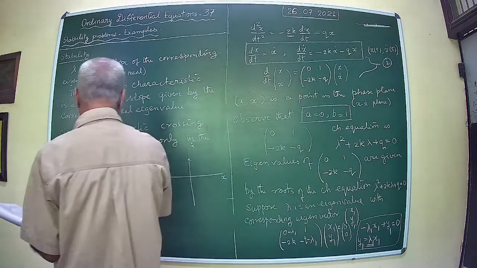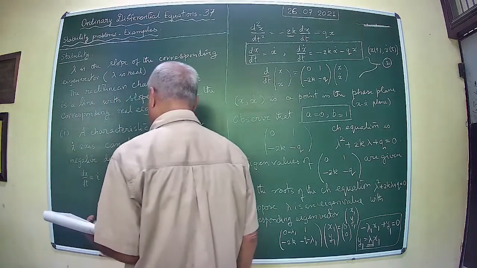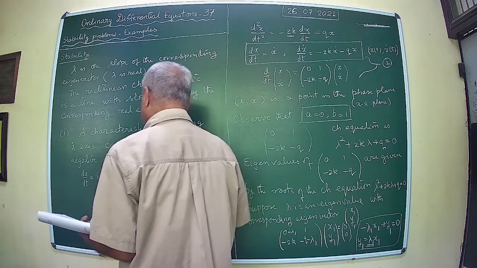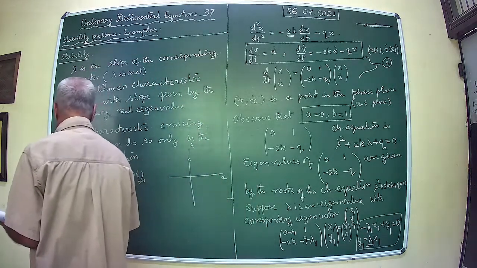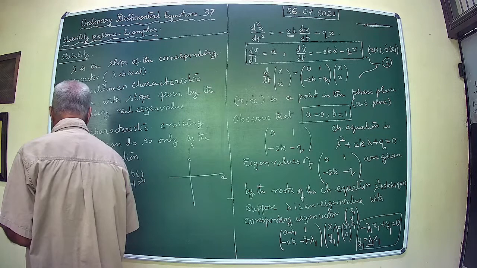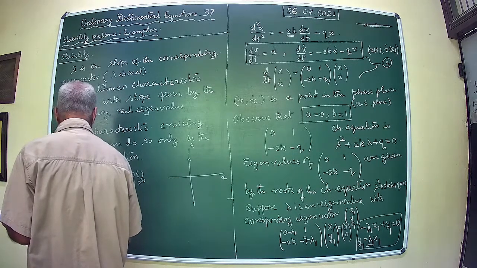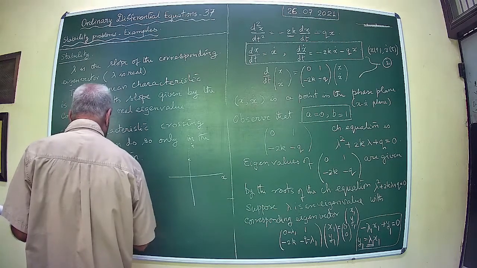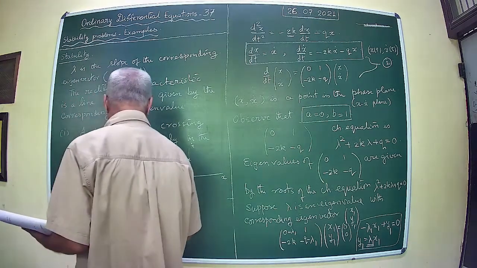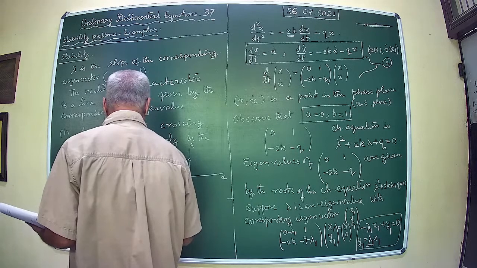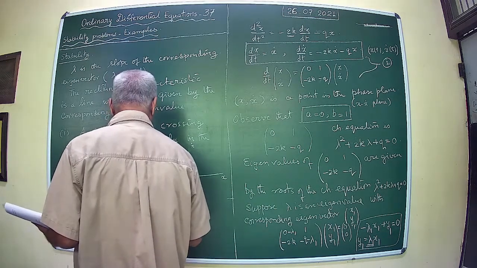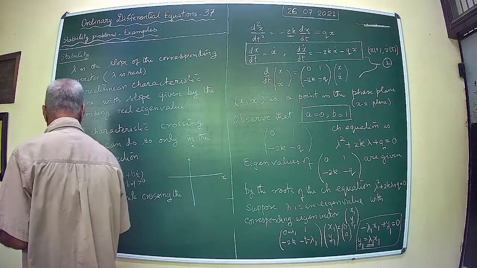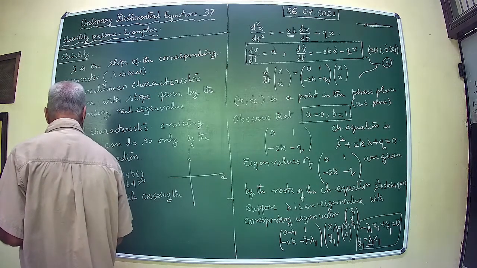See that dx by dt is equal to x dot, means if you take a positive value of x dot, you see that x is increasing while crossing the positive x dot axis.